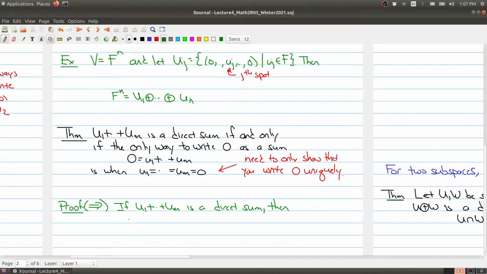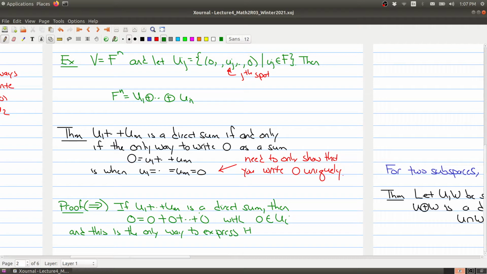Then 0 is equal to 0 plus 0 up to 0, with each 0 inside of ui, and this is the only way to express it because we're already given that we have a direct sum.